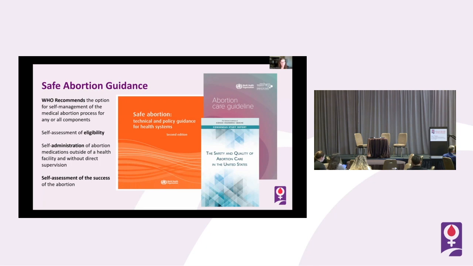Additionally, this report in blue, The Safety and Quality of Abortion Care in the U.S., is a comprehensive report by the National Academies of Sciences, Engineering, and Medicine, published in 2018. Not surprisingly, their main finding was that safety and quality vary by U.S. region and healthcare system.